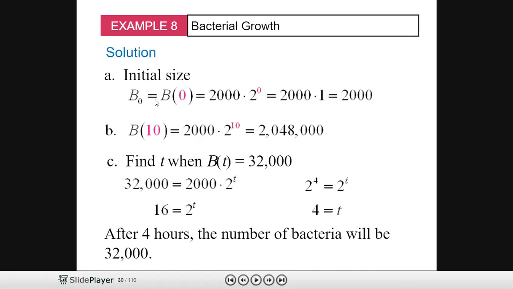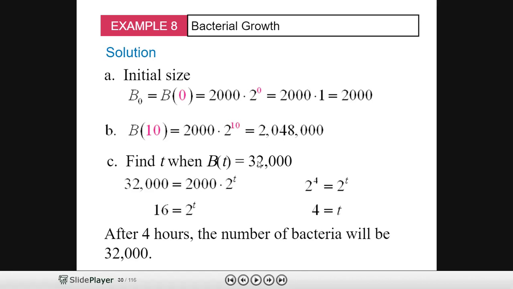The initial size is when the time is 0. So B0 is the initial amount. When you put the time period as 0, this will become 1, since anything to the power 0 is 1. So this was the initial amount. Next, after 10 hours, you can put 10 for the time period and you will get this amount.